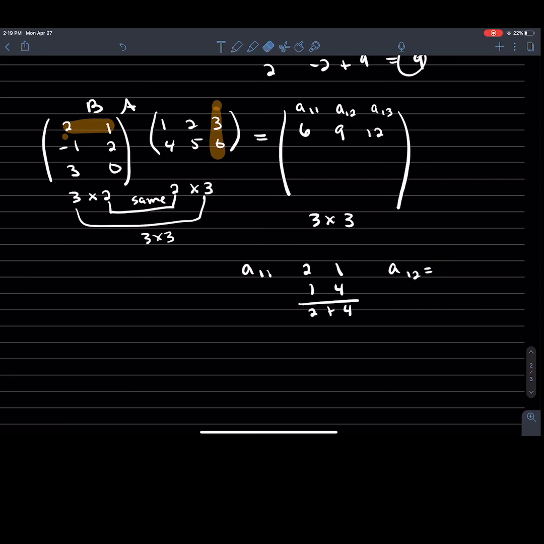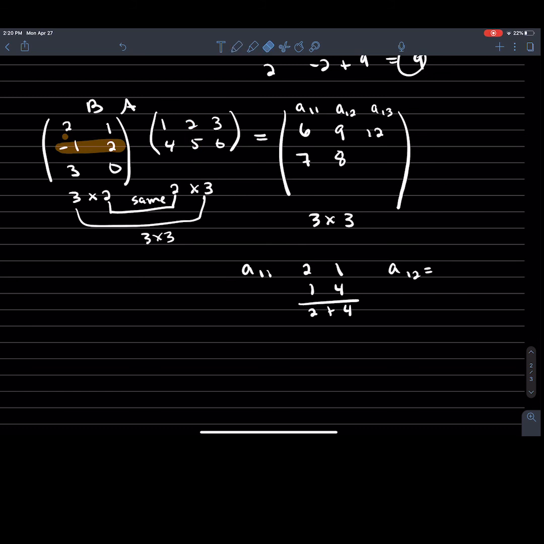Now we're moving to the second row, first column: minus 1 plus 8 is 7. Then moving over to the right, I multiply and get minus 2 plus 10, 8.